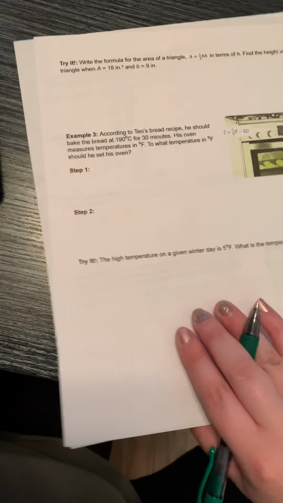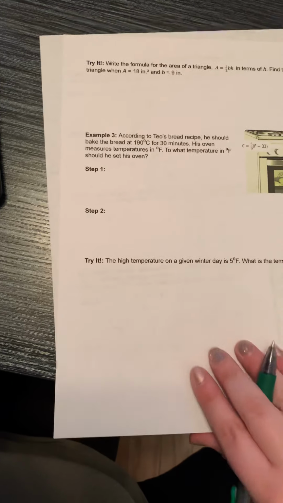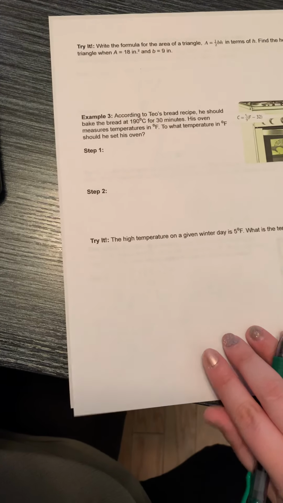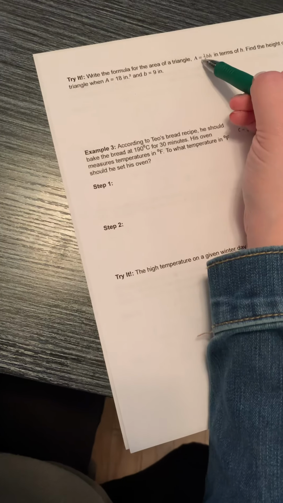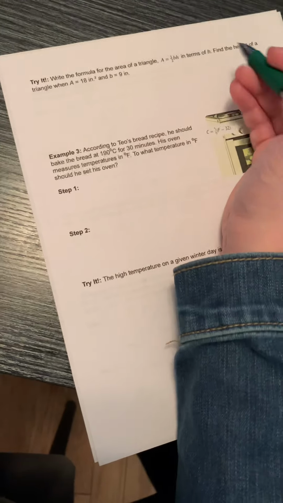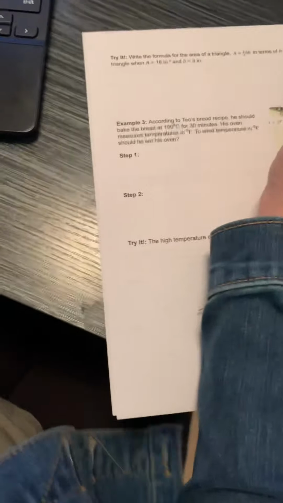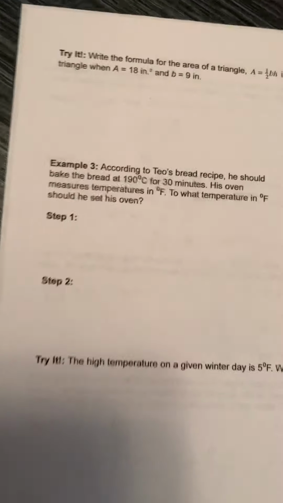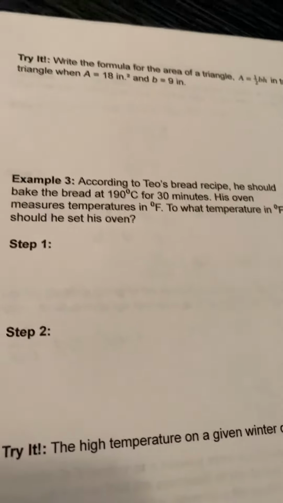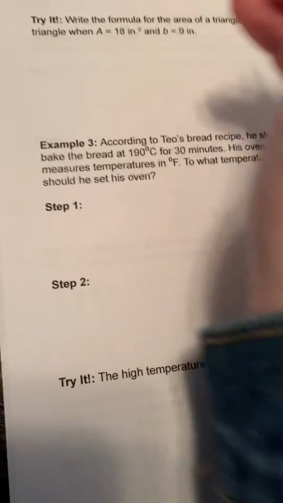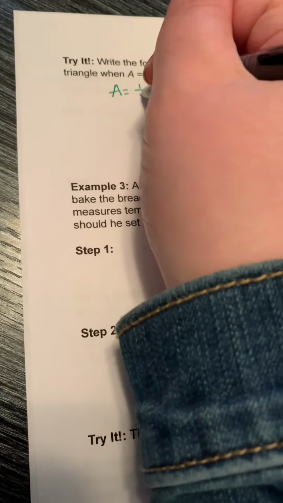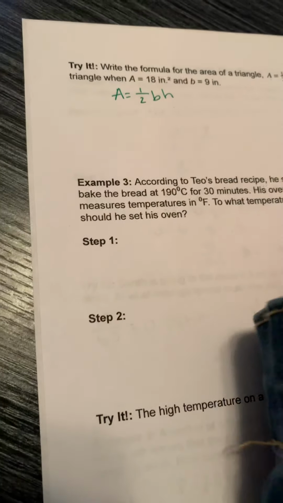So for the try it, we have write the formula for the area of a triangle, which is area equals 1/2 base times height, in terms of H. And then find the height of a triangle with area of 18 inches and a base of 9 inches. So we're going to rewrite our formula. So A equals 1/2 base times height.